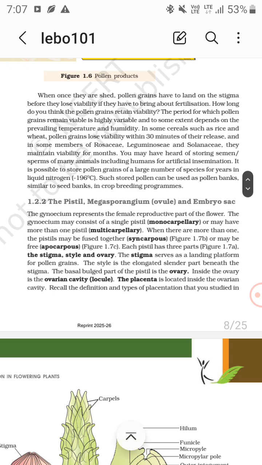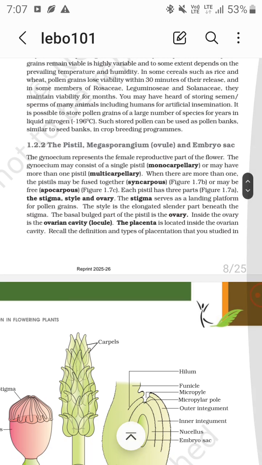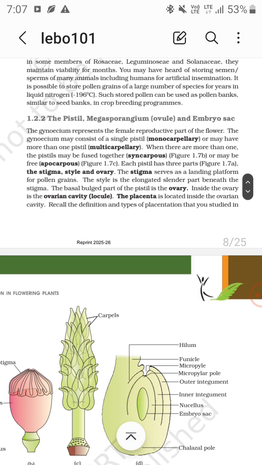Now the pistil, megasporangium, ovule and embryo sac. The pistil, that is the carpel, has stigma, style and ovary. There are monocarpellary and multicarpellary types. Syncarpous means fused; multicarpellary can also be free, that is apocarpous. Monocarpellary means single. The ovary is the basal part, with an ovarian cavity inside which are the ovules.